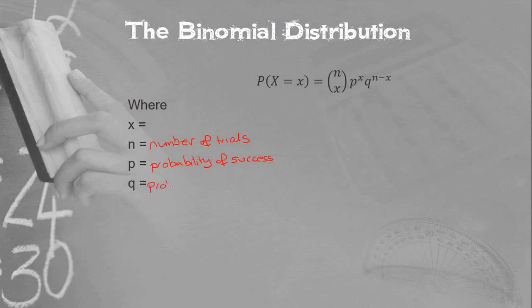Q is the probability of failure. And we can also write that, the way we figure that out is by doing 1 minus our probability of success. And X, this is what we want to figure out. This is the probability that we are calculating, okay? Oh, sorry.